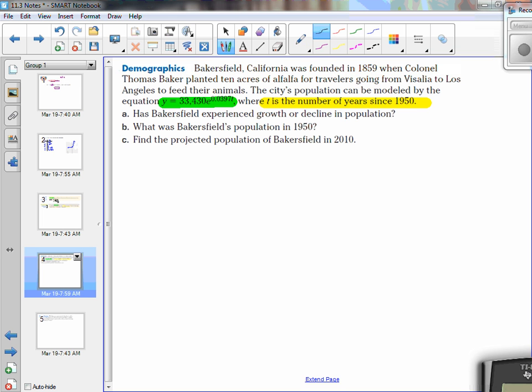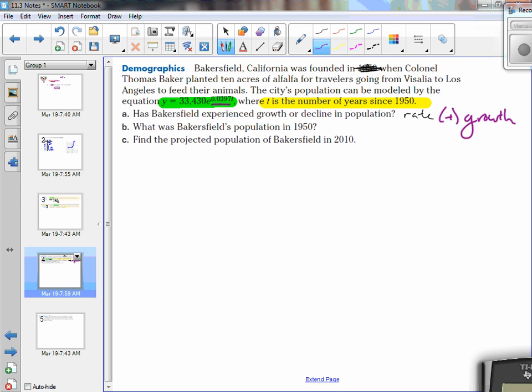So pretty much this 1859 has nothing to do with anything, just some background info. So we're going to answer some questions here. Part A, Bakersfield experienced growth or decline in population? Well, we figure this out by looking at the rate, or the constant. In this case, that constant is 0.0397, and it's positive. So because of that, we have growth.